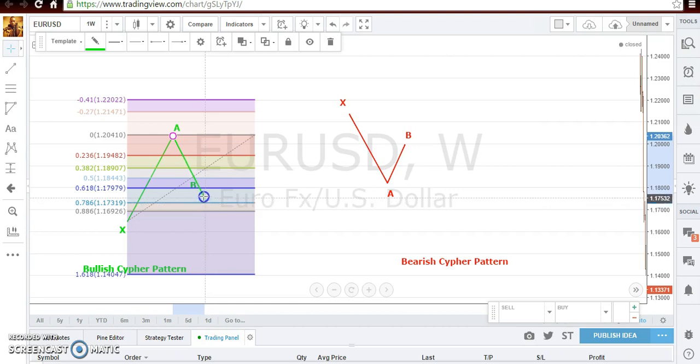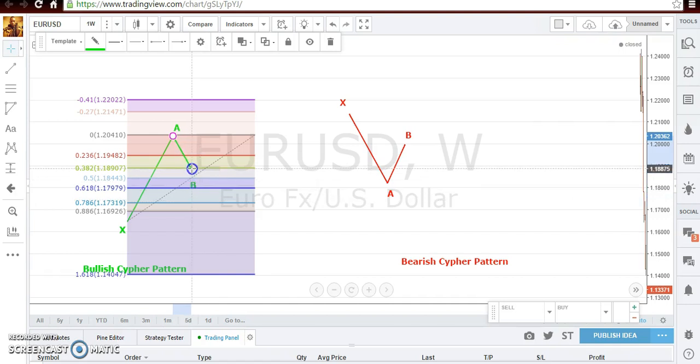So basically, this B has to come in anywhere between the 382 retracement and the 786 retracement, but it shouldn't touch the 786 retracement. It must touch the 382 retracement, it can touch the 50% retracement, and it can touch the 618 retracement. It can even go beyond the 618 retracement as long as it doesn't touch the 786 retracement.